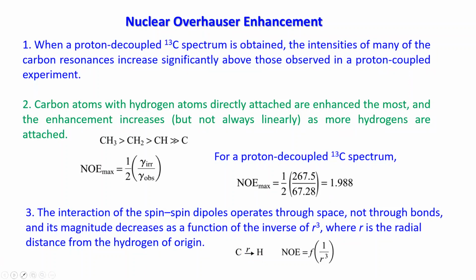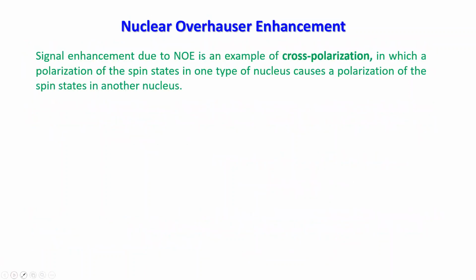Now, why does this happen? For this we use a terminology called cross polarization. Signal enhancement due to the nuclear Overhauser effect is an example of cross polarization, in which polarization of the spin states in one type of nucleus causes polarization of the other nucleus.